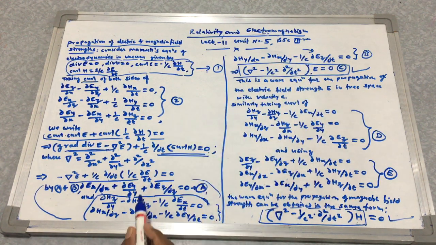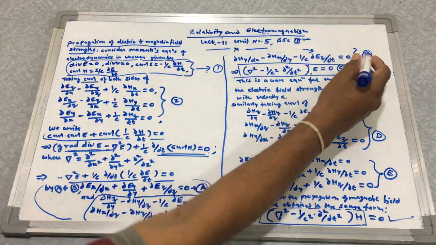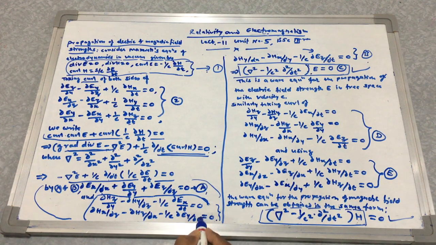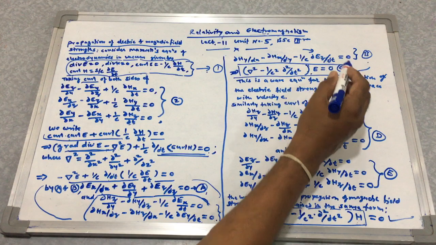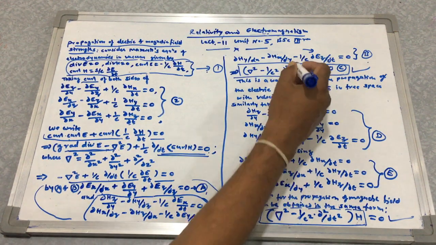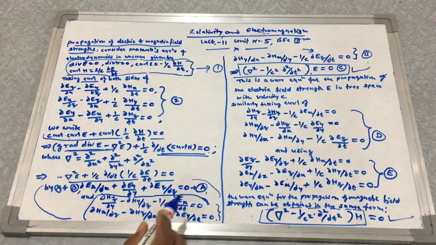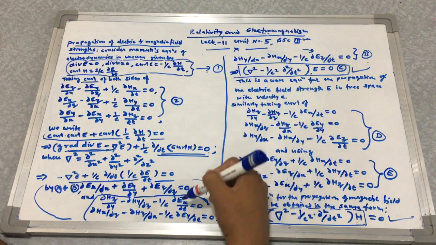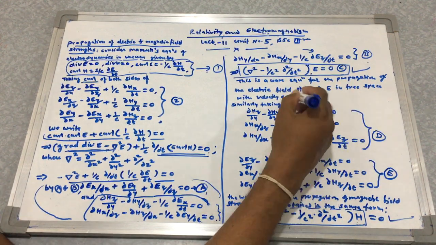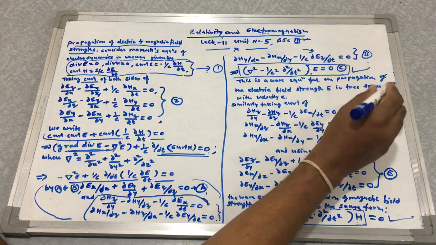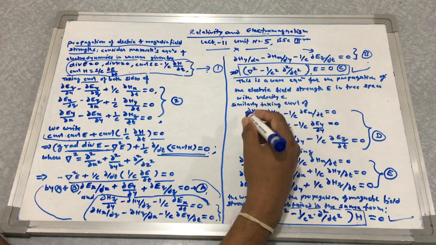This form can be obtained from A and B. This is the wave equation for the propagation of electric field. Equation for the propagation of electric field strength E in free space with velocity c.